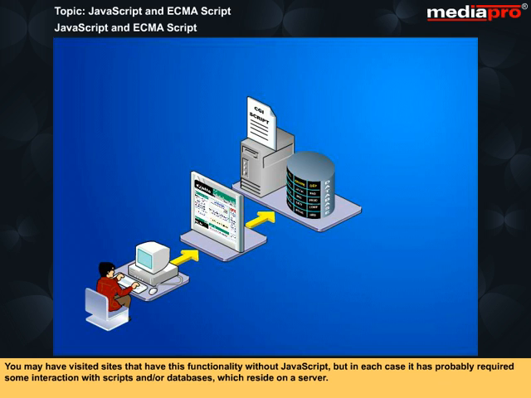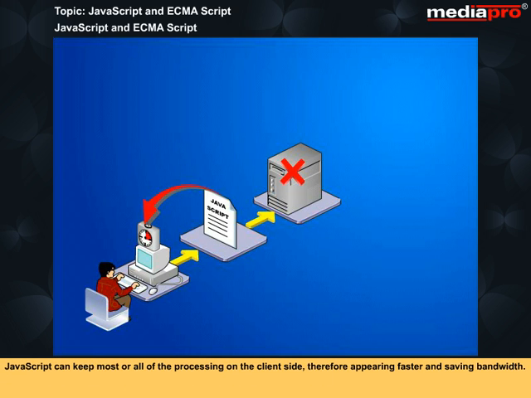You may have visited sites that have this functionality without JavaScript, but in each case, it has probably required some interaction with scripts and/or databases which reside on a server. JavaScript can keep most or all of the processing on the client side, therefore appearing faster and saving bandwidth.